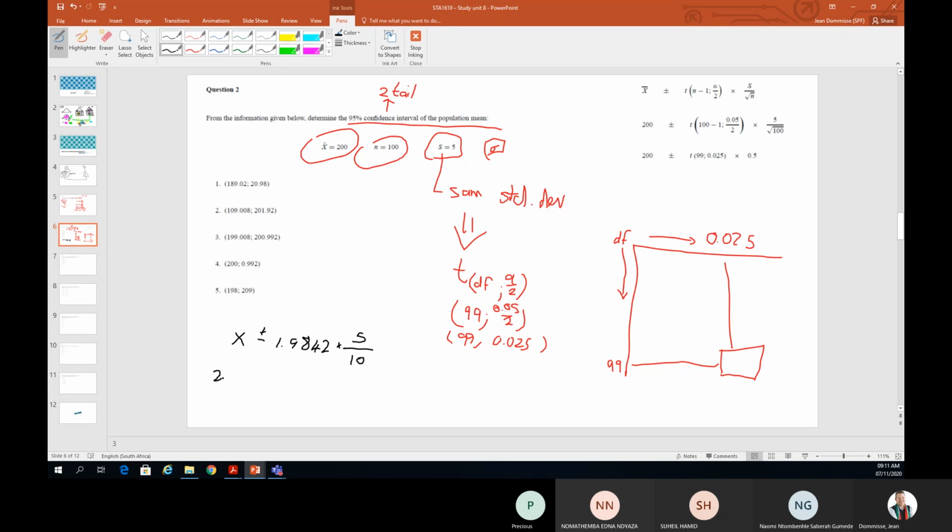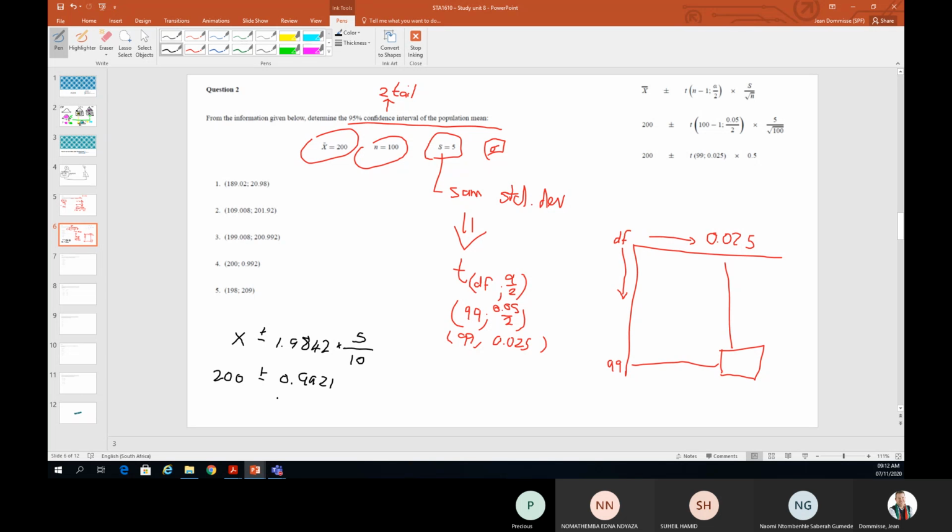So it will be 200 plus minus whatever is in there. So 1.9842 times 5 divided by 10, I got that it is 0.9921.